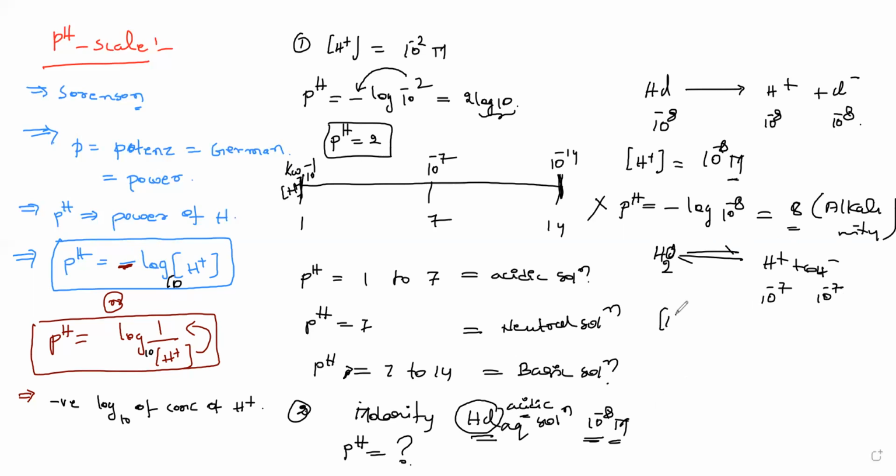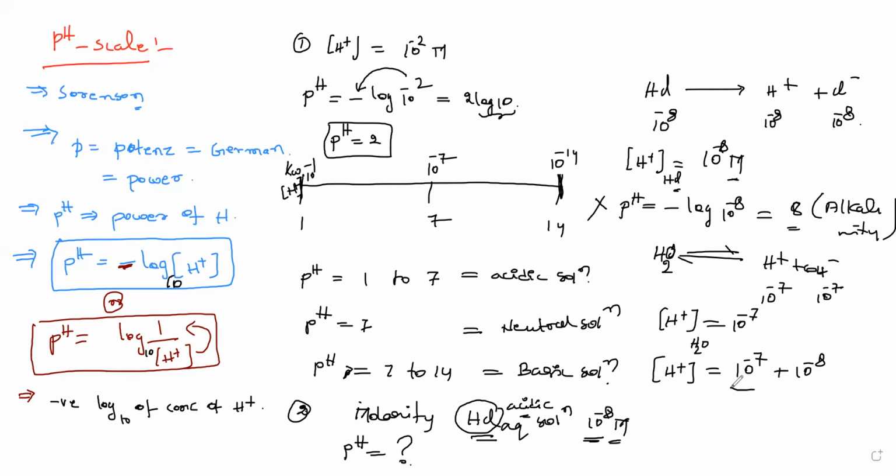That's why the concentration of H plus given by water is minus 7. And the concentration of H plus given by HCl is minus 8. That's why the total concentration of H plus is 10 to the power of minus 7 plus 10 to the power of minus 8.